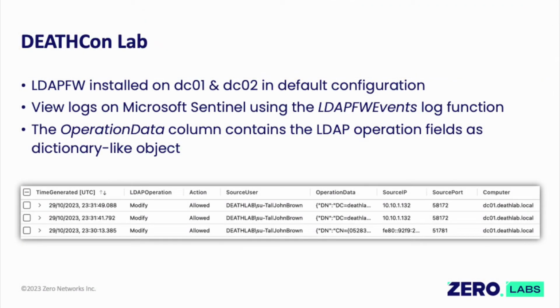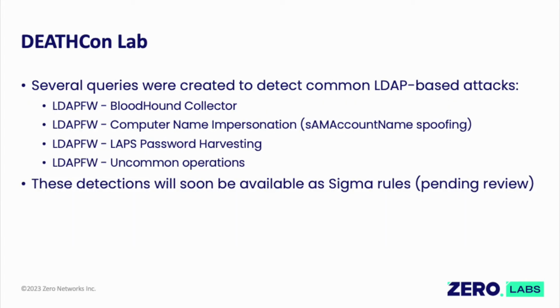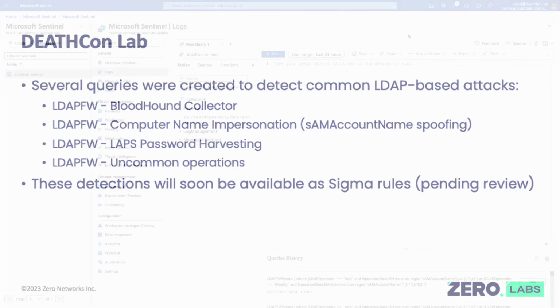LDAP Firewall is installed in audit mode on the DEATHCon lab domain controllers. You can view the logs on Microsoft Sentinel using the LDAP Firewall events function. Several queries are available for the detection of common LDAP attacks, such as for the BloodHound collector and SAM account name spoofing attacks. These detections have also been submitted to the Sigma repository and will soon be available as Sigma rules.